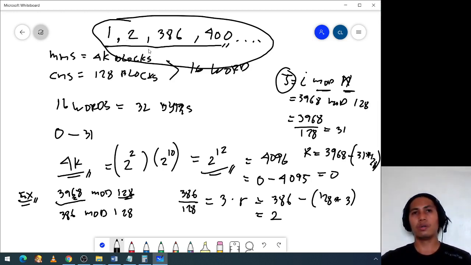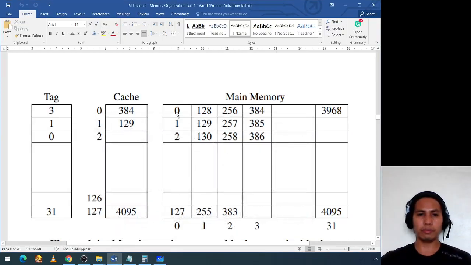Kasi po, take note meron po yung mga different blocks or main memory blocks na napupunta sa iisang memory location. Parang ito. So, 0, 128, 256, 384, and so on is nasa block 0 lang siya. 1, 129, 257, 385 is nasa block 1 lang siya.